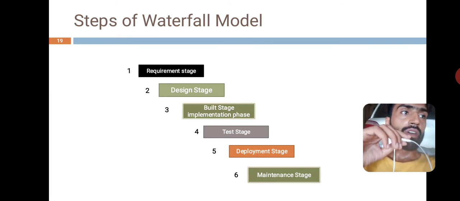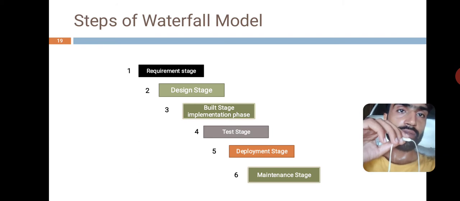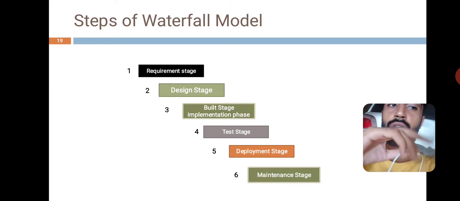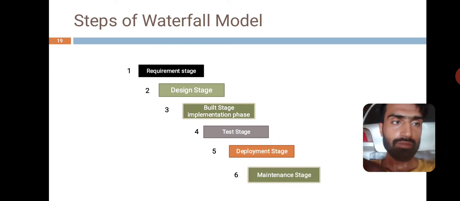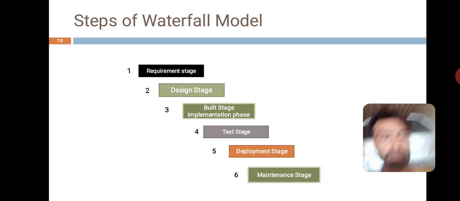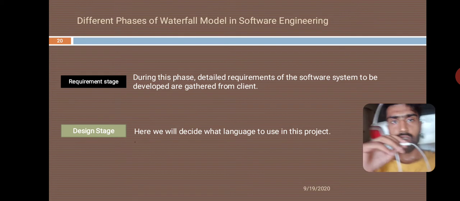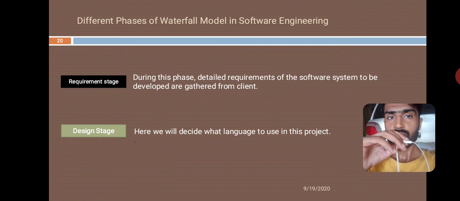Steps of the waterfall model: requirement stage, design stage, build stage, implementation phase, test stage, development stage, maintenance stage. Different phases of the waterfall model in software engineering.